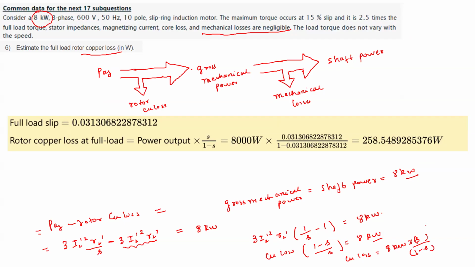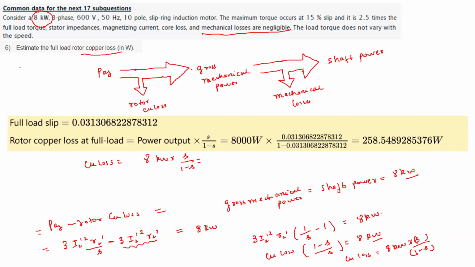So what slip will you substitute here? Here we have to substitute the value of full load slip, because they're asking you to find the copper loss at the full load slip value, the full load rotor copper loss.